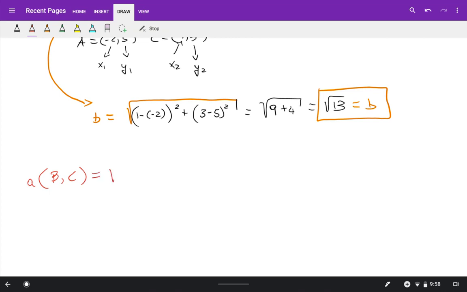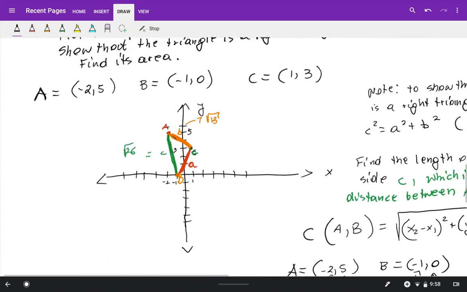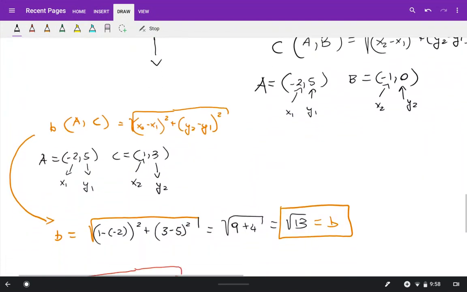We're going to use the distance formula: (x2 minus x1) squared plus (y2 minus y1) squared. So going back, let's review. B has coordinates -1, 0.